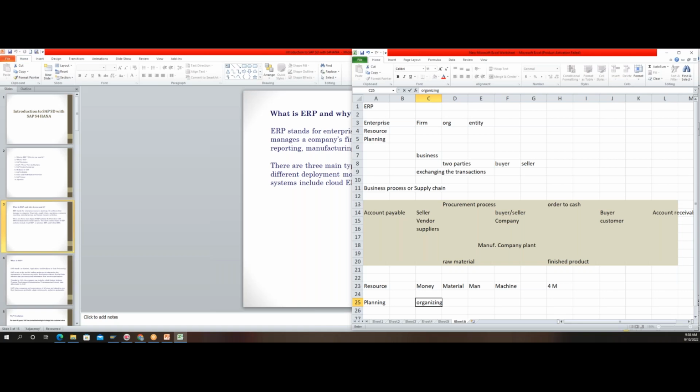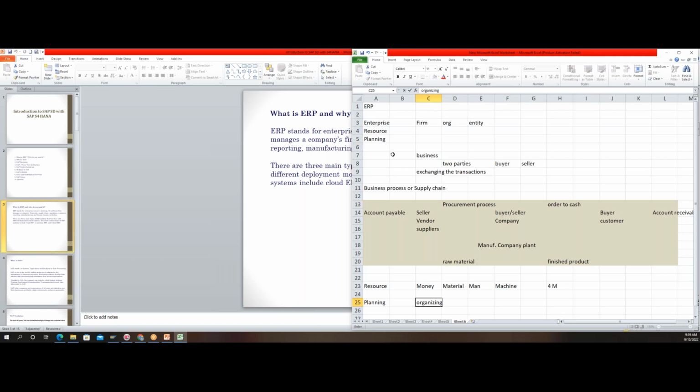Okay, your planning department should have a well planned, organized vendor procurement process in place. And once the vendor shares the raw material, you should have the efficiency to run those raw materials into finished products. So this is how in the different streams you're going to organize, and then you're going to produce and process it well.